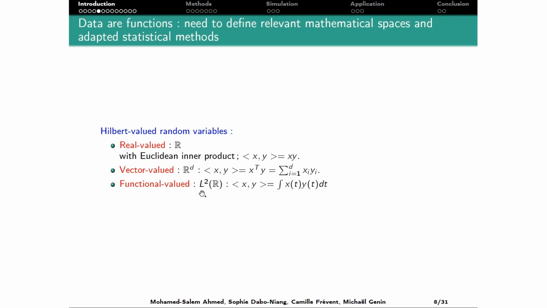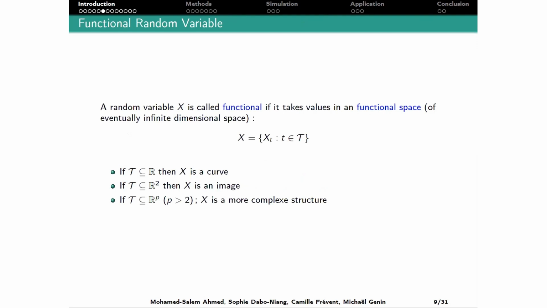In this case, a natural way to extend this inner product, well known in the functional data analysis literature, is using this integral: the integral of x(t)y(t), where x is a concentration at a given location, and y is, let's say, the temperature at a given location, and t is the time dimension. So t may be more complex.